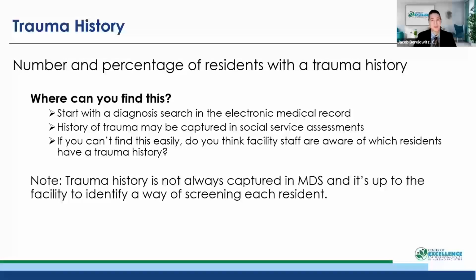You might then transfer it over to that I section we were discussing in the MDS. But very often, someone may not have a diagnosis of PTSD, but they have a trauma history, and it's affecting them, and it needs to be care planned, and they do need some special care around it. So again, just trying to think about, where is this information currently captured in your facility?